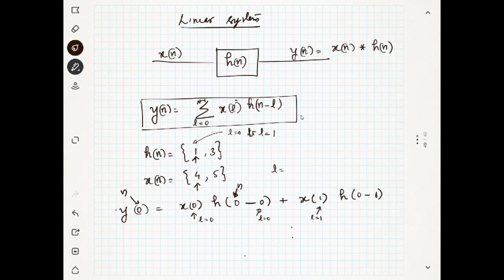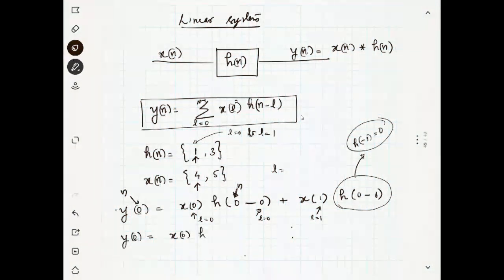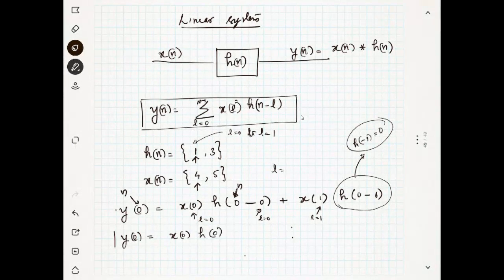Is there anything like h of minus 1? No, because we are considering a causal system. That means h of minus 1 is not defined, so it is 0. So y of 0 I can represent like this: x of 0 into h of 0. Do you agree with me?